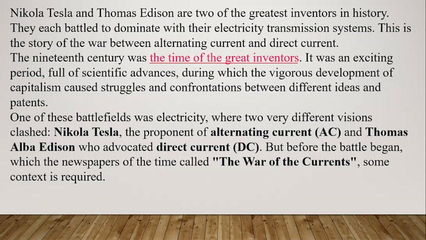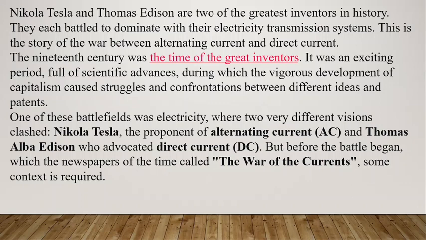The 19th century was the time of the great inventors. It was an exciting period full of scientific advances, during which the development of capitalism caused struggles and confrontations between different ideas and parties.